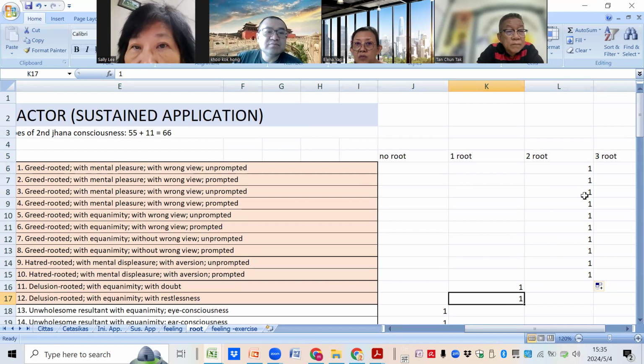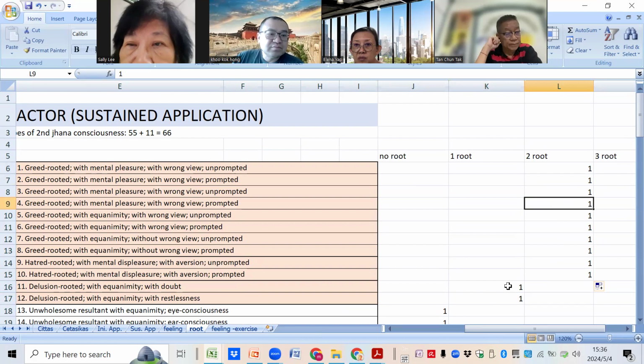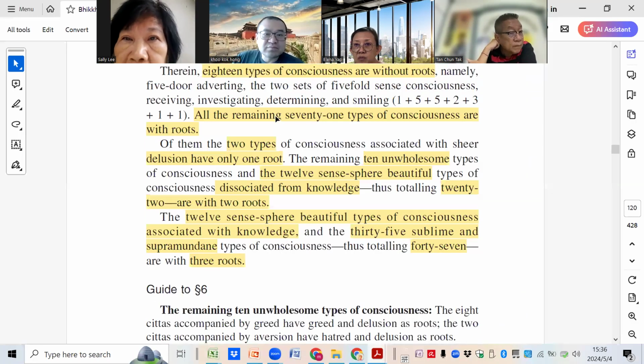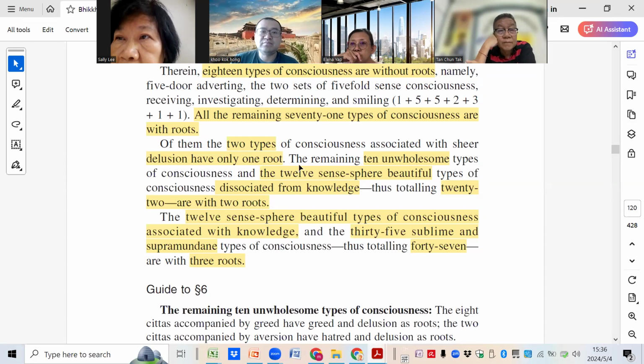The problem is the root. We try to find one root and the two roots. Here, delusion, both of them only one root. Why? Let's take a look. You see here, the two types of consciousness associated with sheer delusion only have one root.